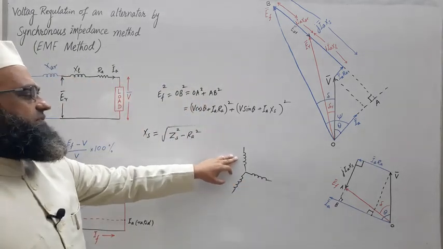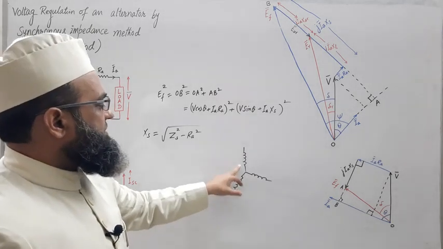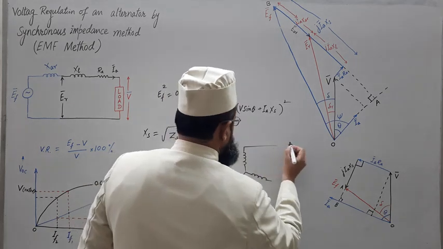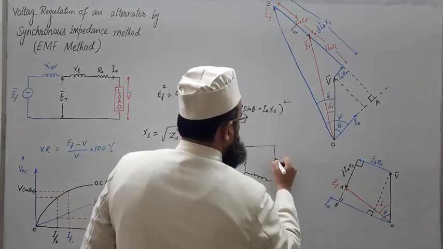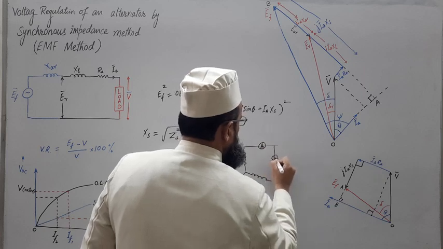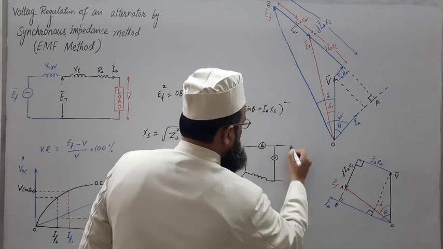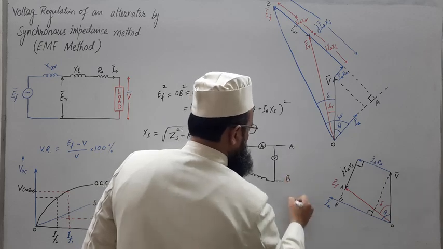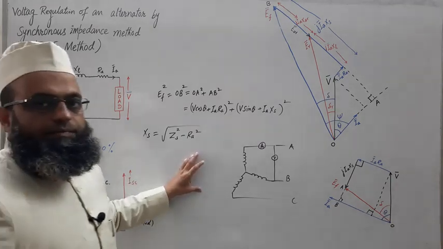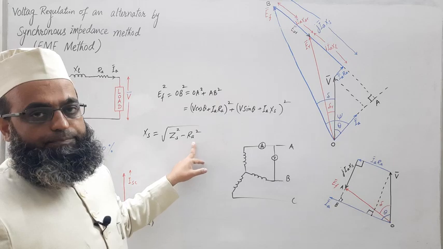This is a star connected winding, generally a star connected stator winding in an alternator. So connect one voltmeter and one ammeter across any two terminals, let us say A, B, C. Don't run the rotor while performing the DC test to get the value of RA.